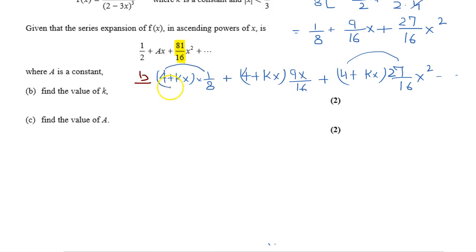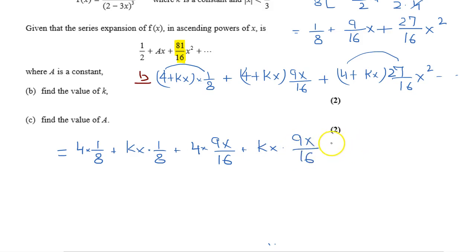So let's multiply this. So this is equal to 4 multiply 1 over 8 plus kx multiply 1 over 8 plus 4 multiply 9x over 16 plus kx multiply 9x over 16 plus 4 multiply 27 over 16x square plus kx.